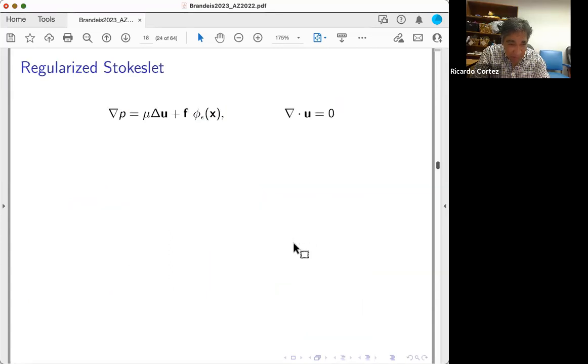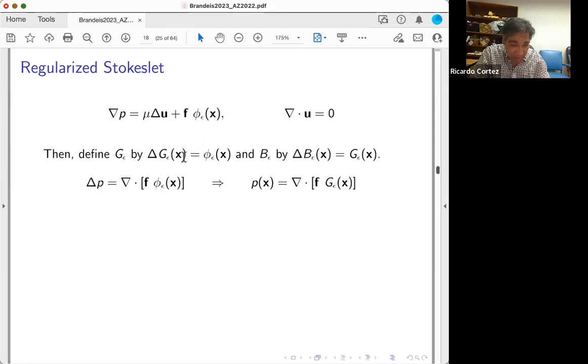So the idea is to rederive the Stokeslet fundamental solution, but with one of these functions here. And we do exactly the same derivation. You take the divergence, and that gives you an equation for the pressure. And here I have to define a regularized type of Green's function, which satisfies this equation, and then another function B, which is like a biharmonic equation function.